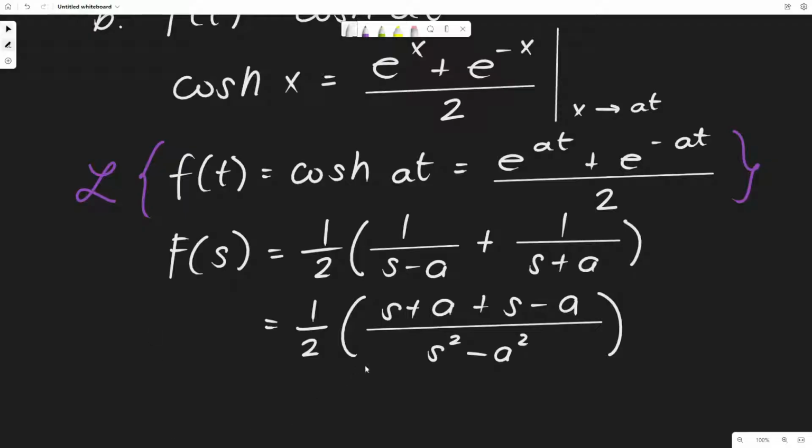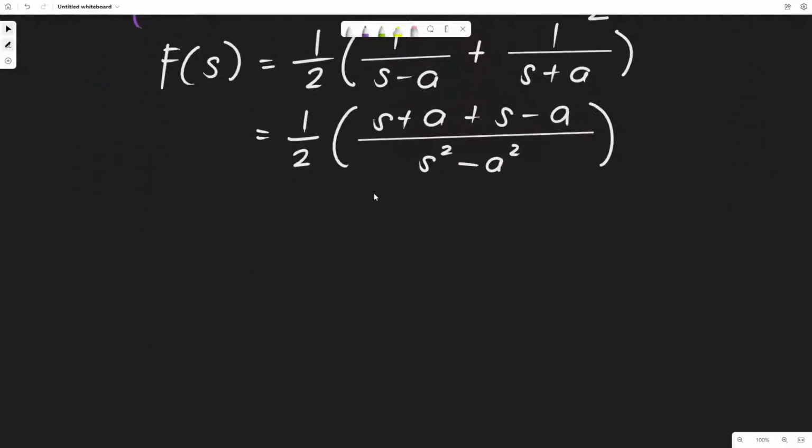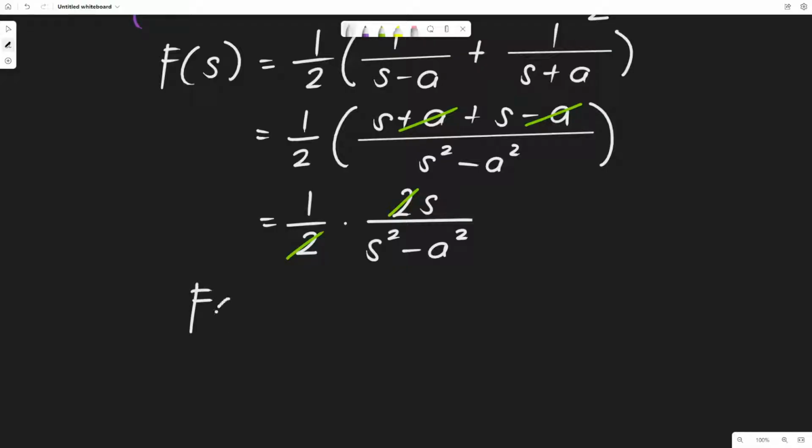The two a's cancel, so we have 1/2 multiplied to 2s over s squared minus a squared, and the two 2's cancel. Therefore, the Laplace transform of hyperbolic cosine at is equivalent to s over s squared minus a squared.